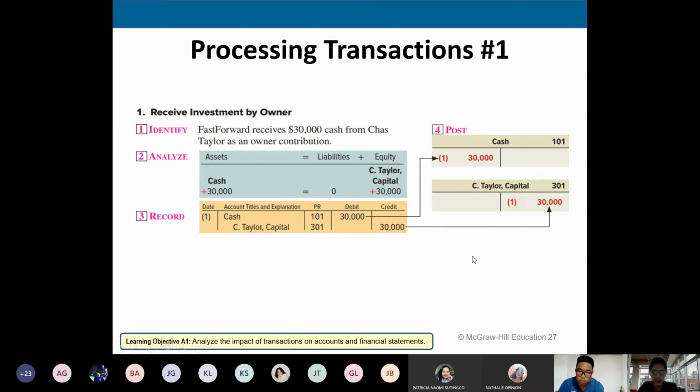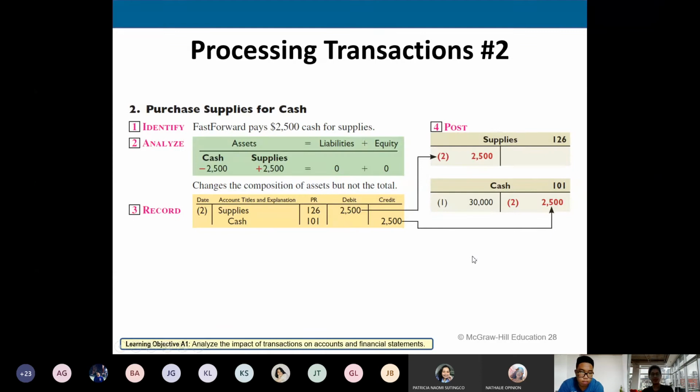So next, the next transaction is what happens when you purchase supplies? We'll incorporate other procurement as well. You purchase supplies, you purchase inventory, what's the entry? Basically, when we say supplies, it covers everything.